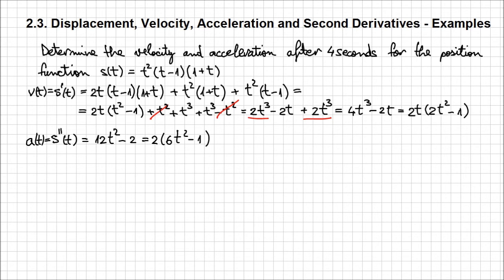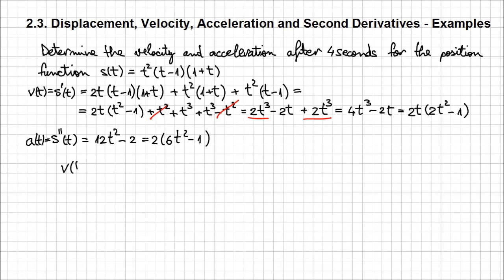The only thing that we have to determine now is the velocity and acceleration after 4 seconds. We have the expressions for both velocity and acceleration with respect to time. All we have to do is replace t with the value of 4 and evaluate those expressions. So, let's start with the velocity.